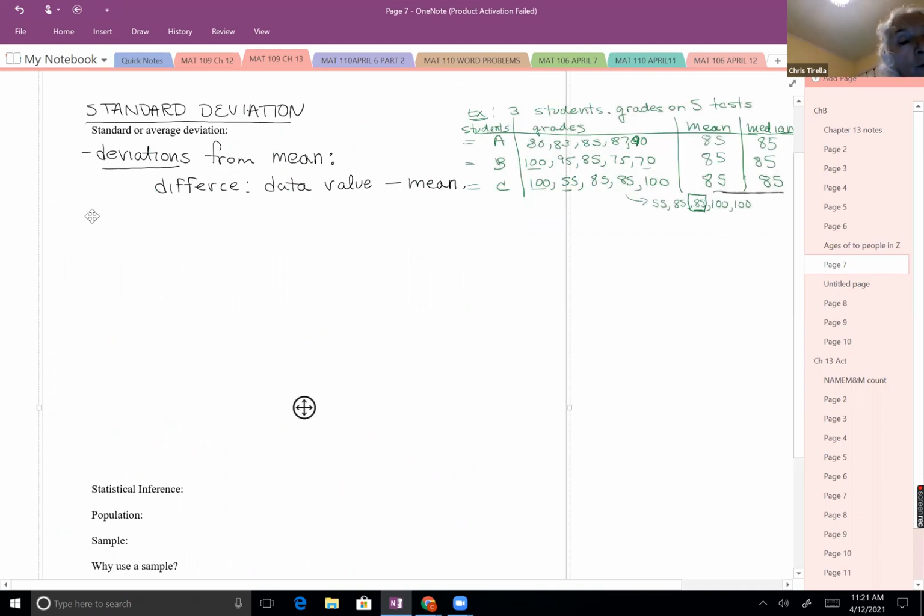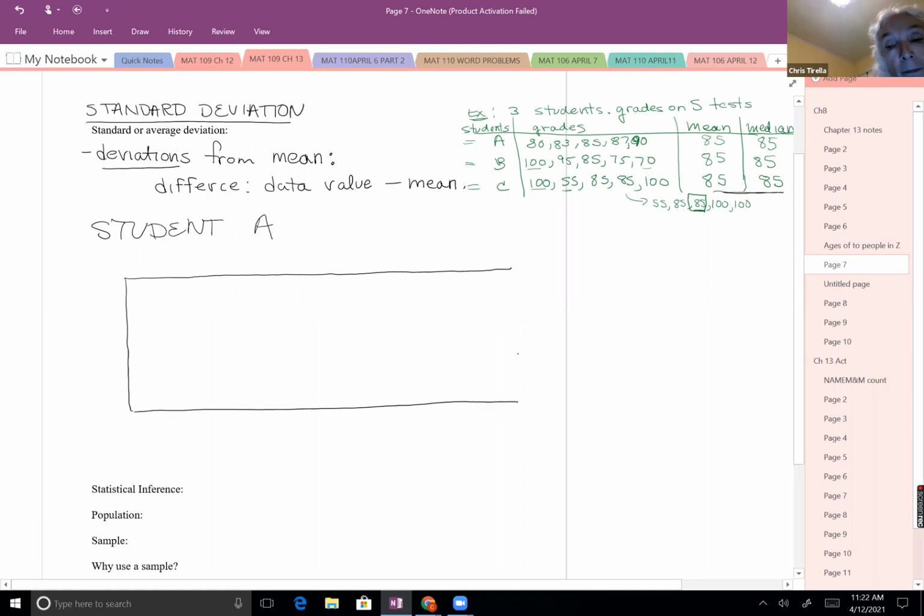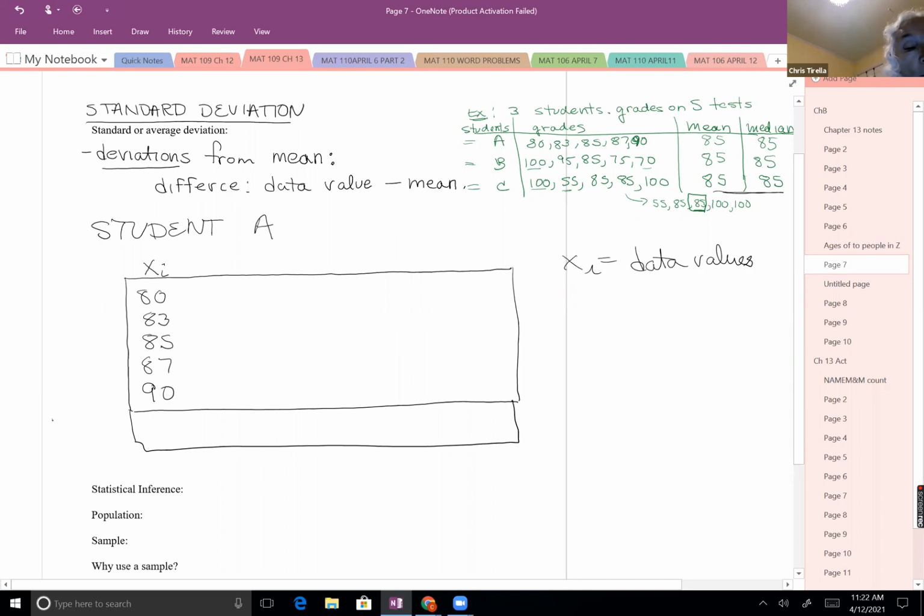And so if I look at student A, I'm going to make a table. In the first column, I'm going to label it as x sub i, and x sub i are going to be my data values. And for student A, their grades are 80, 83, 85, 87, and 90. And at the bottom, I'm going to put one more row that I'm going to call total.